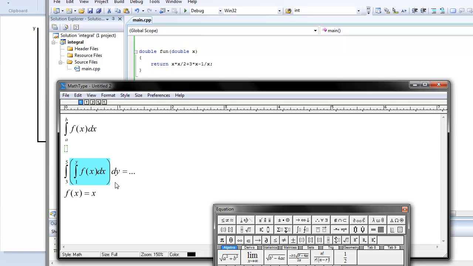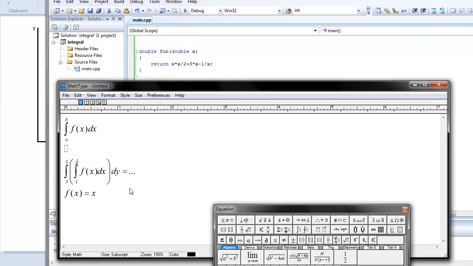So what's the difference? Well, we have the same beginning. We are integrating something, but then we have one more integral inside, and the upper bound is dependent on the value of y, which is given by the outer integral.